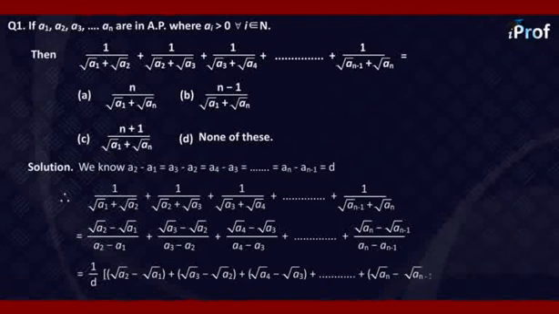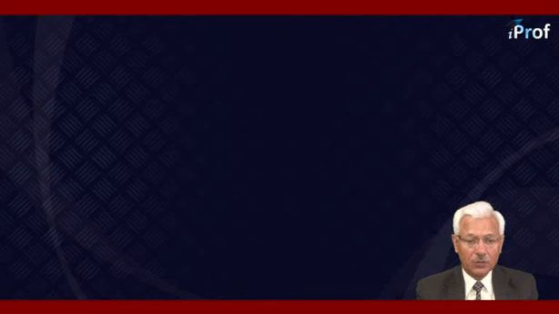Lastly, we have square root of An minus square root of An minus 1. All these terms cancelling, we are left with only two terms, that is square root of An minus square root of A1 divided by d.